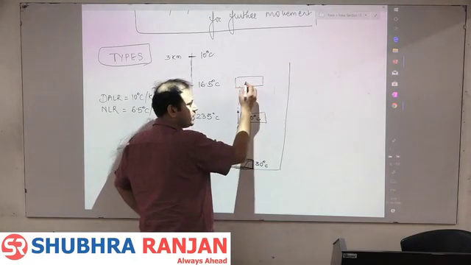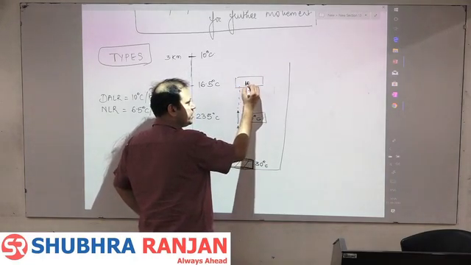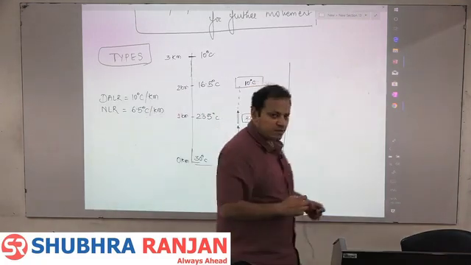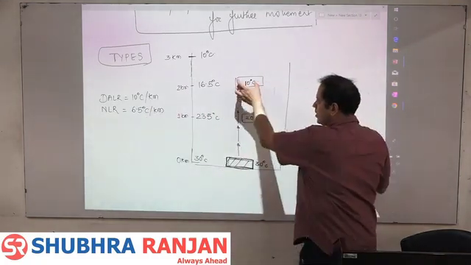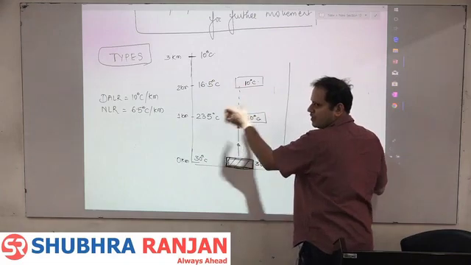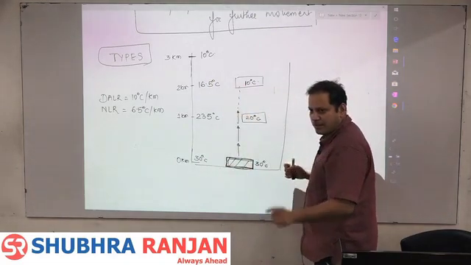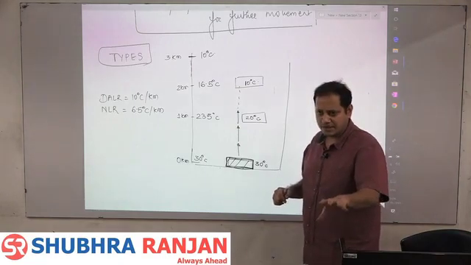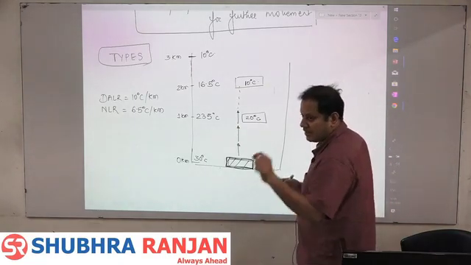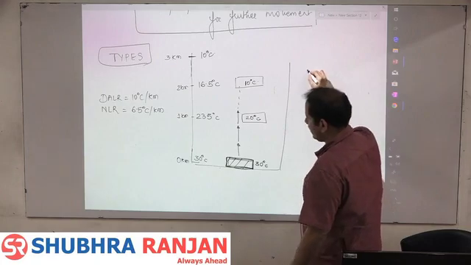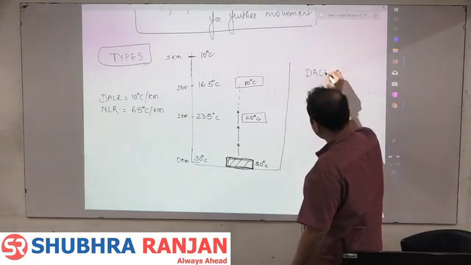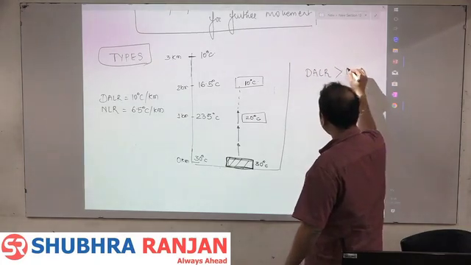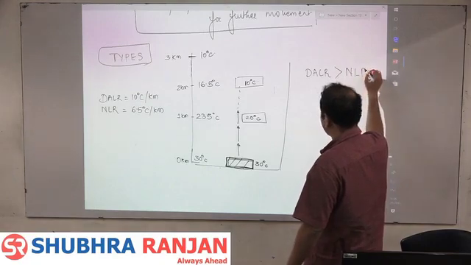What will be the temperature? 10 degrees Celsius. So this parcel of air which is going upwards, is it cooler than the surrounding air or warmer than the surrounding air? Cooler. And the cooler air has the tendency to rise upwards or descend? Descend. And therefore we will say stable equilibrium is when dry adiabatic lapse rate is greater than normal lapse rate.